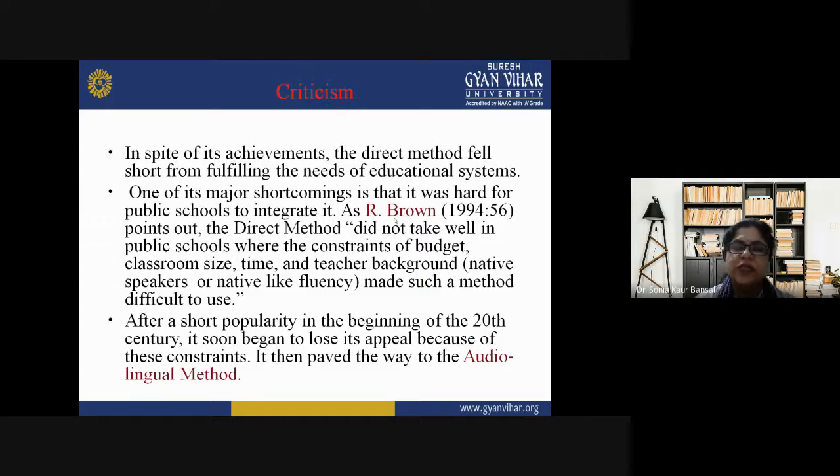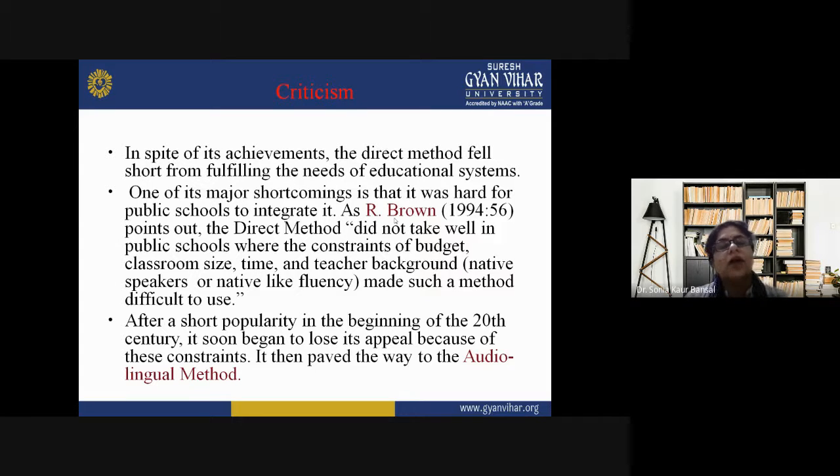The teacher is teaching prose, poetry, grammar, composition with the direct method. But there are some demerits of this method, or we can say that some critics have given some points about those things. So one of its major shortcomings is that it was hard for public schools to integrate it.